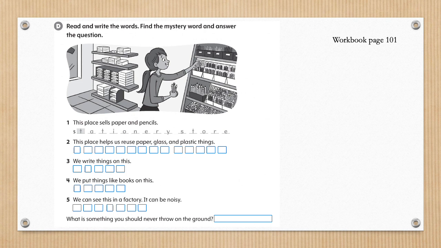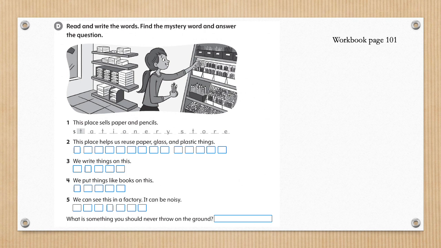So, for number 1, this place sells paper and pencils. We know a place that sells paper and pencils, and that is a stationery store. I would like you to finish number 2, 3, 4, and 5, and then the mystery word.